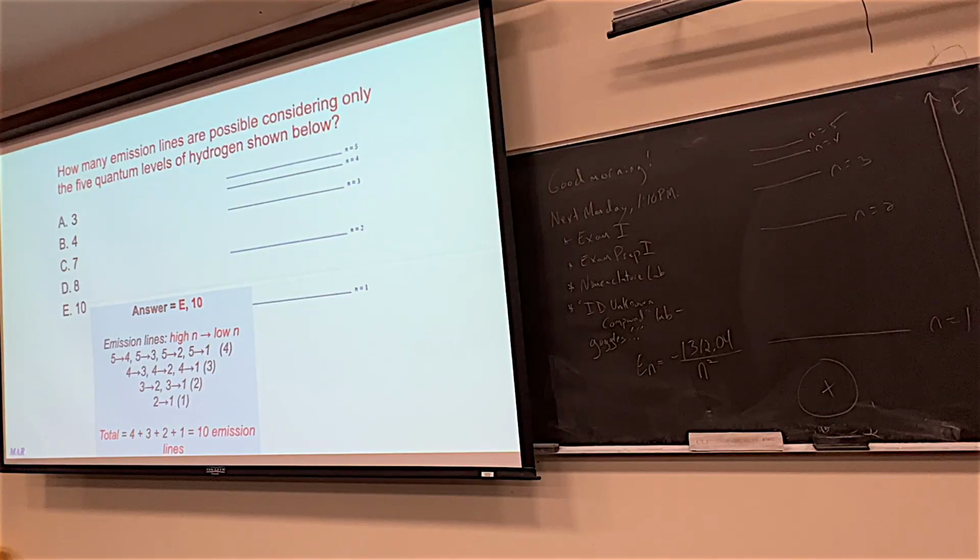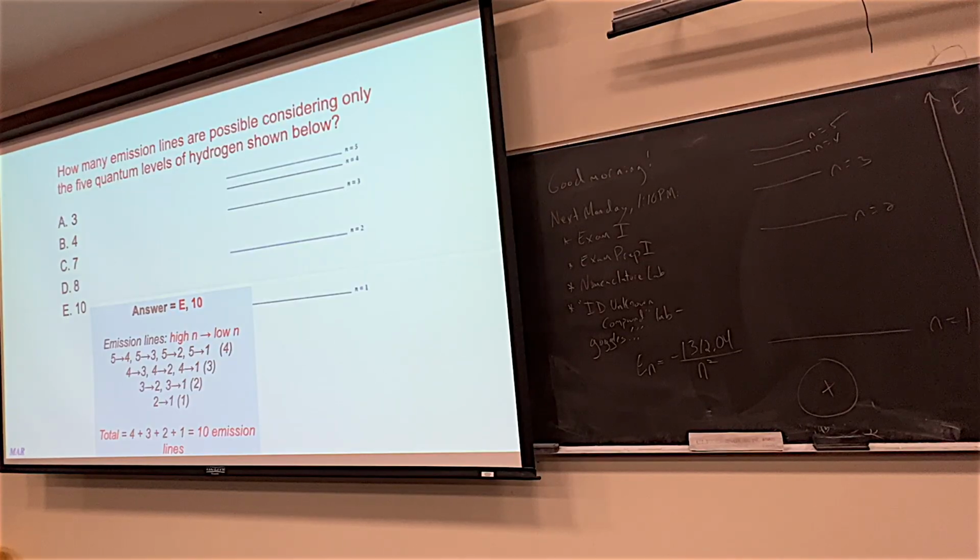So all the visible lines that we saw, the red, the blue, and maybe 2 purples, were like 3 to 2, 4 to 2, 5 to 2, and even though it's not showing here, it would be like 6 to 2. The ones that ended up at n equals 1 were ultraviolet. The ones that ended up at n equals 3 were infrared, and we can't see those, and our spectroscope didn't work very well for those anyway.